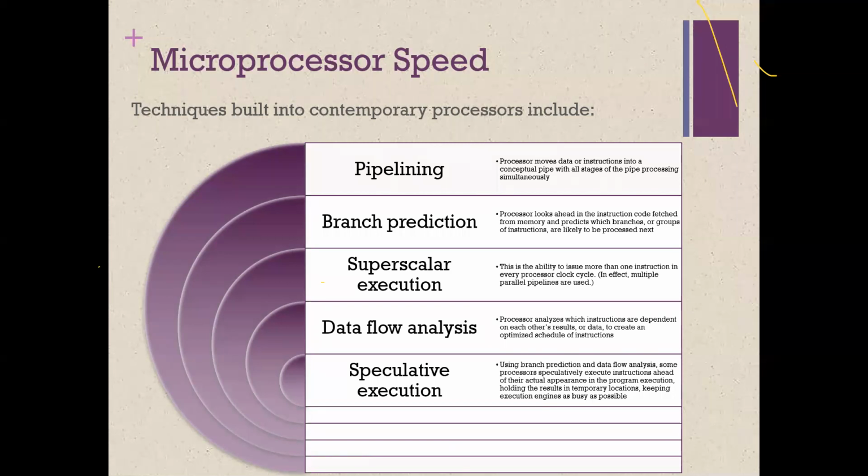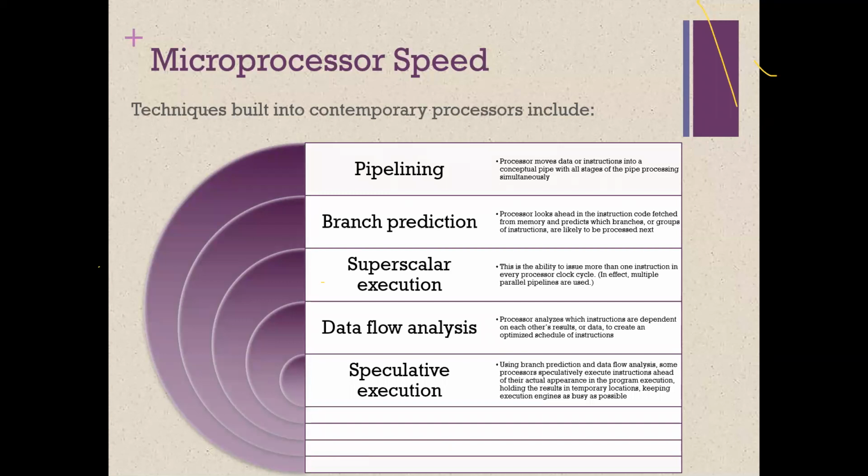In data flow analysis, the processor analyzes which instructions are dependent on each other's results or output or data in order to be able to create an optimized schedule of the instructions. So in fact, instructions are scheduled to be executed when ready and independent of the original program order. And this prevents unnecessary delay.